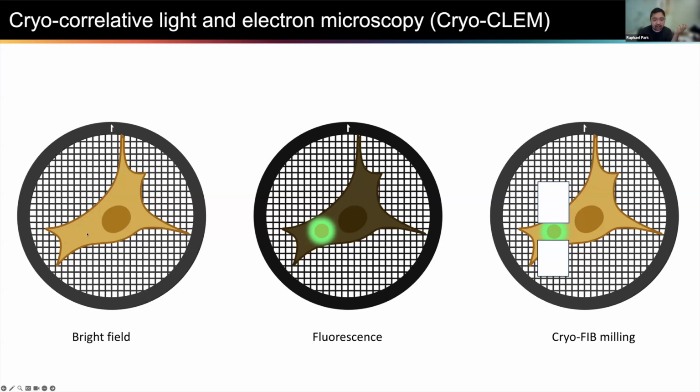If your cell has a target that fluoresces, we can put our frozen specimen into these specialized microscopes and identify where the target of interest is using the fluorescent signal. And using this information, you can go ahead and do the milling so that you can retain the target of interest within your lamella.